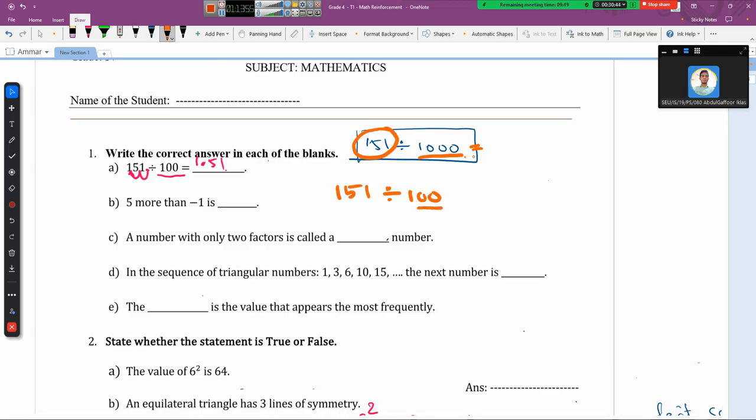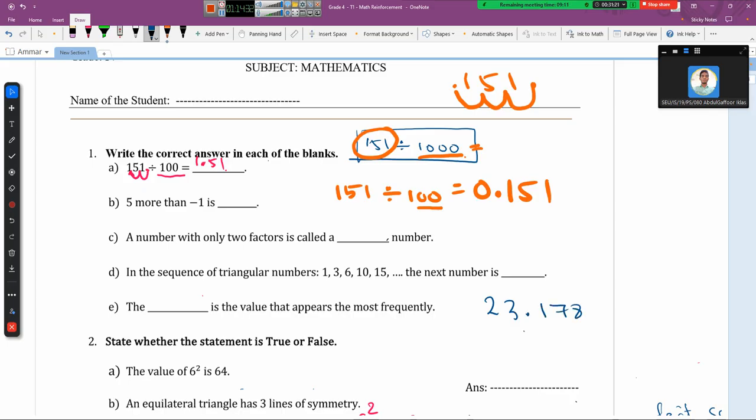So now if you divide the number by 1000, you have to move the digit 3 digits forward, since 1000 has 3 zeros, right? So now 151, here we have the decimal point. So 1, 2, 3. So the point comes here. So the answer would be 0.151. Yeah. Now I will give you some more questions.